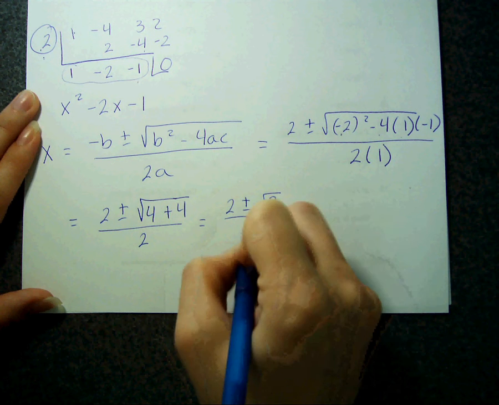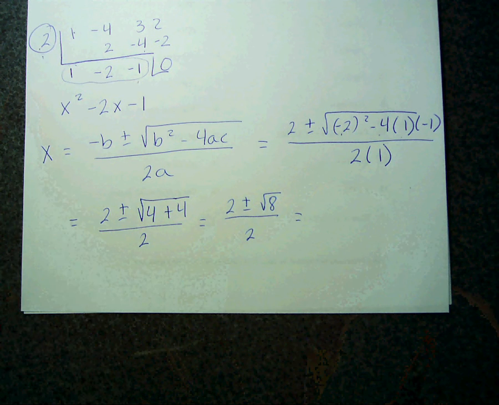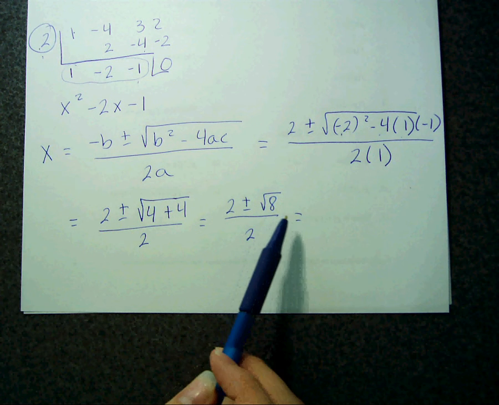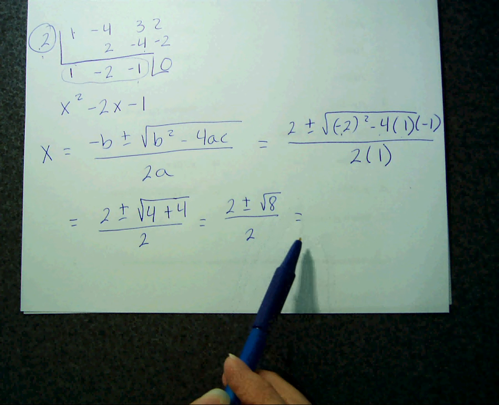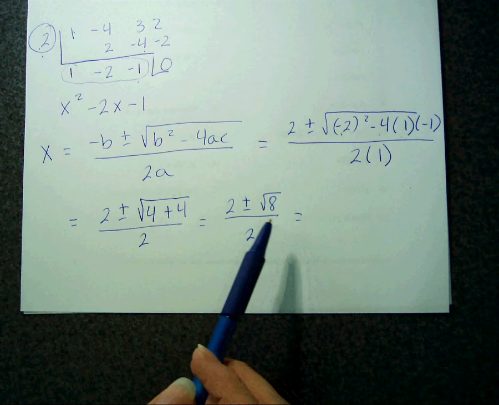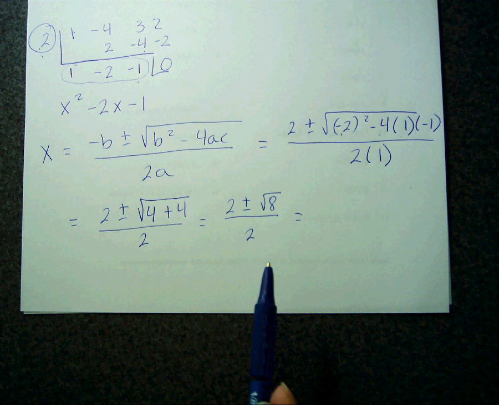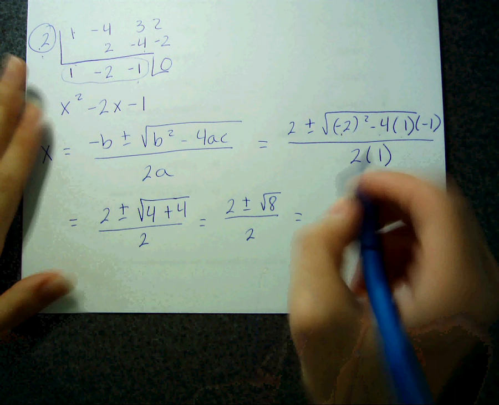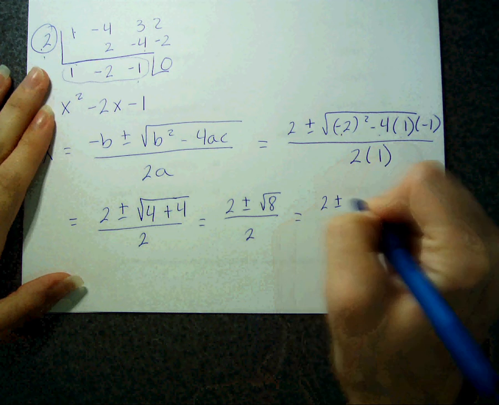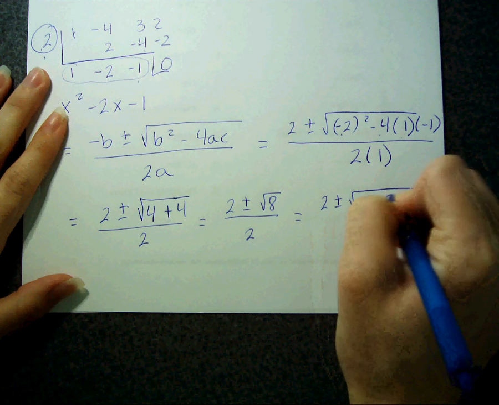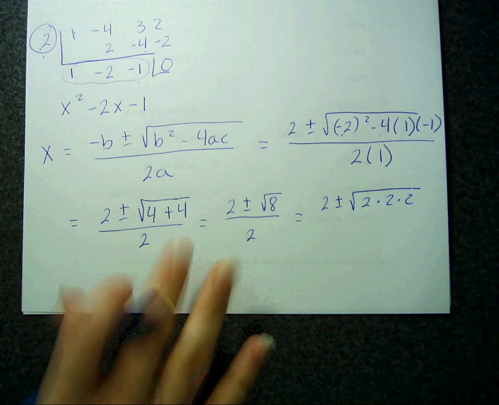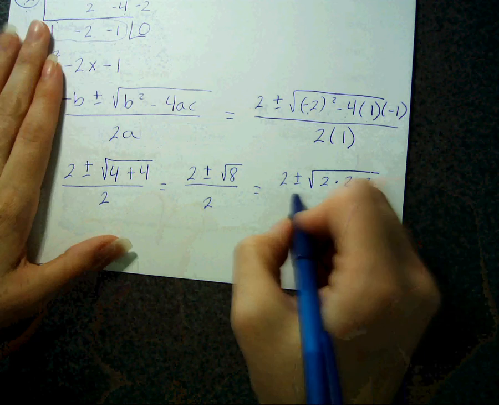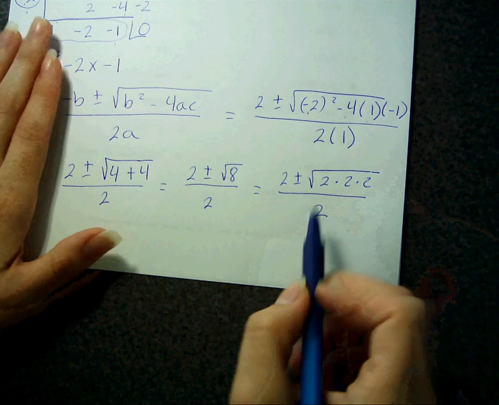I need to simplify the square root of 8. So think about, what do I multiply together that gives me 8? 2 times 2 times 2, we can break it up like that. So 2 plus or minus the square root of 2 times 2 times 2, right? Those are all the prime factors of 8, all over 2. It's a square root, so I need a pair for it to be able to come out.